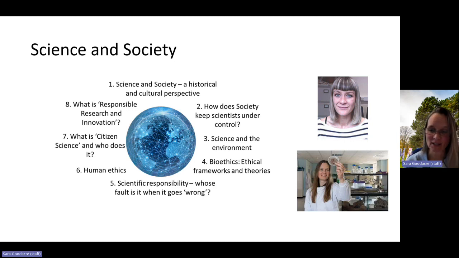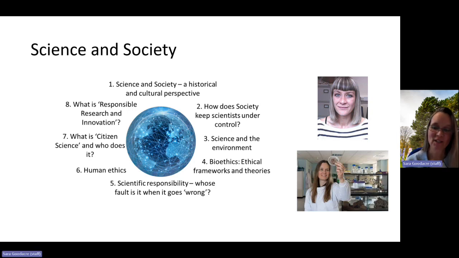We have a particular session on human ethics, talking about what it means to be human and should the rules be any different? Are the rules any different to what they would have been if we were talking about, let's say, a farmed animal or a new crop type that a farmer wishes to plant? We then follow this up by thinking about who is making the decisions in the context of citizen science, who is an expert and who isn't.